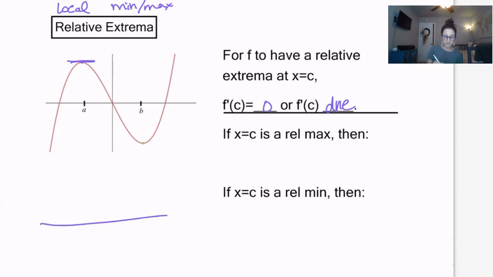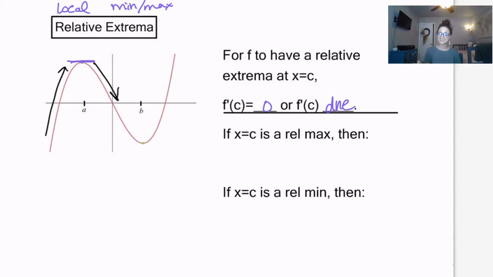Now I do want you to note, you don't have to have a relative extrema just because the first derivative is 0. For example, if I had something like that, my slope here, yeah, it's 0, but it's not a relative extrema, okay? In order to have a max, then f has got to go from increasing to decreasing, okay?